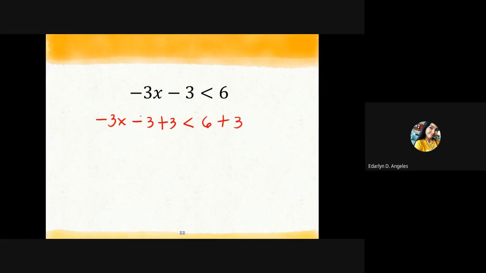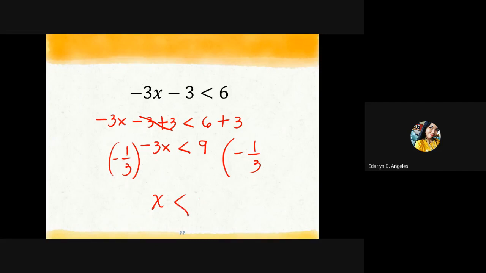Negative 3 plus 3 is 0, so we have negative 3x is less than 9. And how do we make the coefficient of x equal to 1? We need to multiply by negative 1/3 on both sides, or just divide by negative 3. That's the same. So it will be x is greater than negative 3, reversing the inequality symbol.